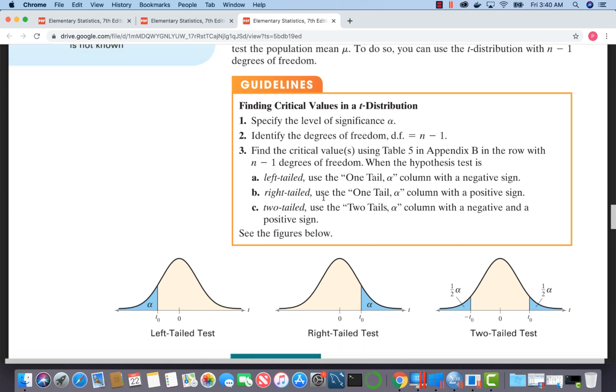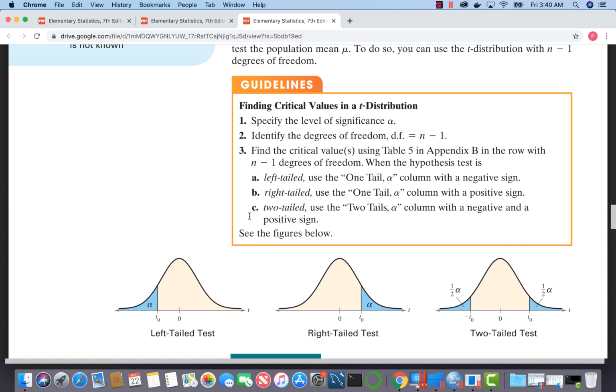And then we have to make a determination about left, right, or two-tailed test. One of these three will be determined by the alternative hypothesis. If the alternative states that the mean is less than a specified value, it'll be left-tailed. If the alternative states that the mean is greater than some specified value, it'll be right-tailed.